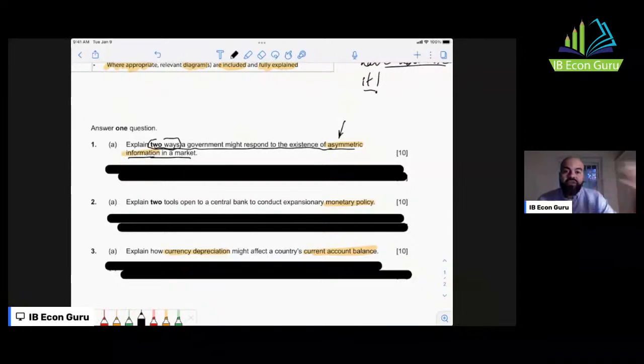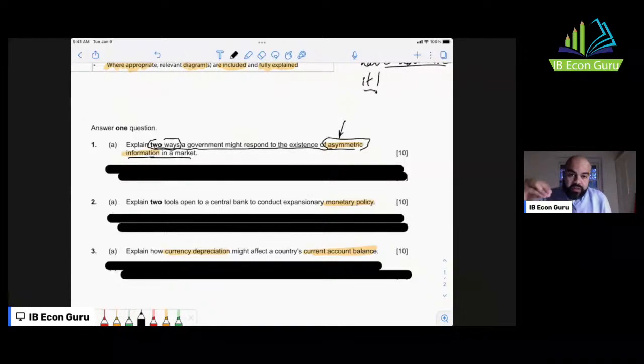Period. And then you define asymmetric information. Asymmetric information is a form of market failure whereby so and so. Now, what would be the relevant economic theory? So make sure you borrow part of the question to structure your introductory paragraph before you define the key term.